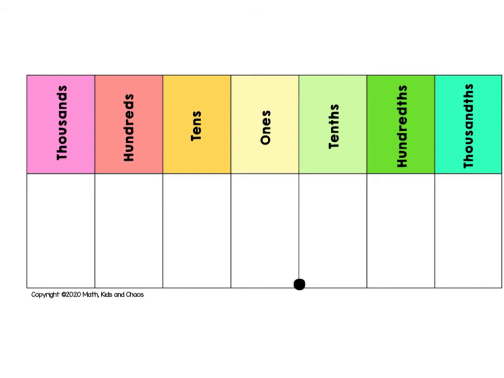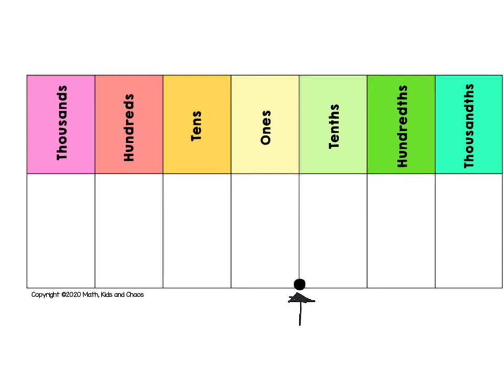So this is a place value chart. Now you can see in the middle here we have a decimal point. A decimal, you use in a number when you're talking about a number that is in between two whole numbers. Very similar to a fraction.